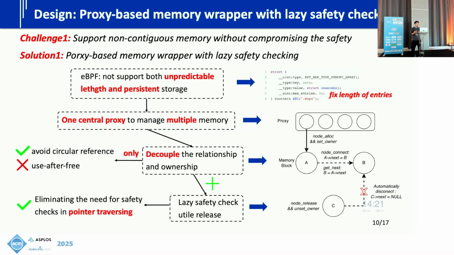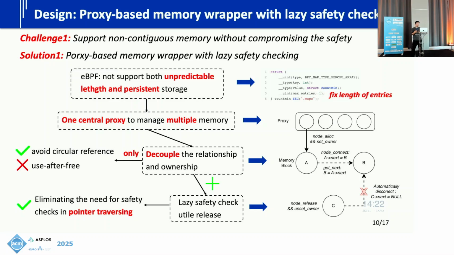For example, we should avoid dereferencing A pointer next when B is released. To address this issue with low overhead, we introduce a lazy safety check mechanism. We delay the safety check until the memory release phase to eliminate the need for a safety check in every getNext API call.